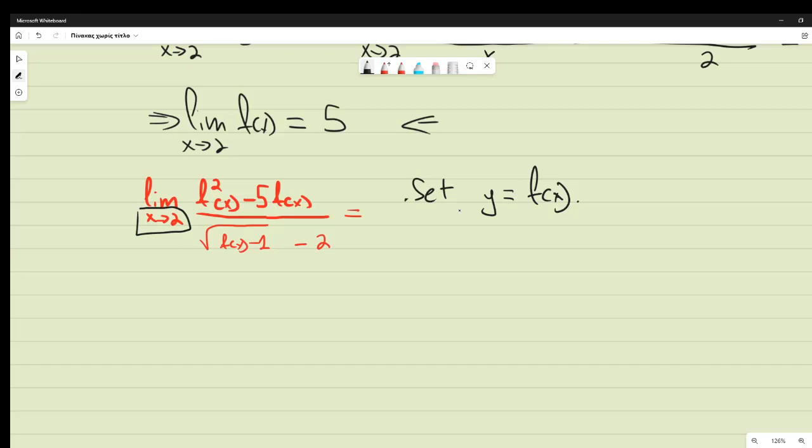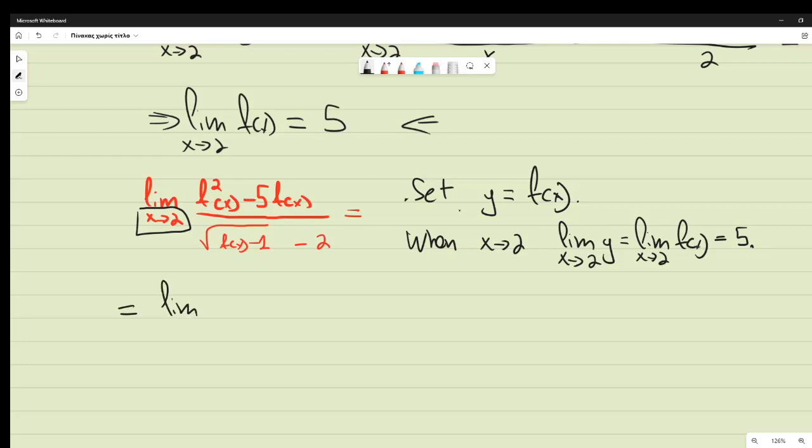We have already found this. It is equal to 5, so we will have the limit of y tends to 5, because this is what we found here when x goes to 2, of y squared minus 5y over the square root of y minus 1 minus 2.